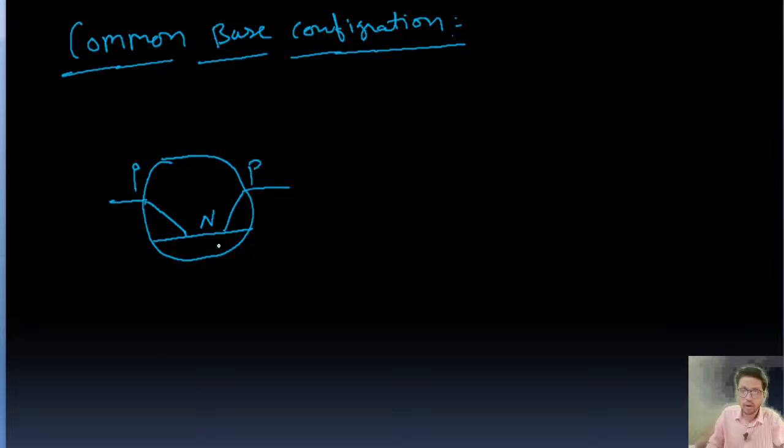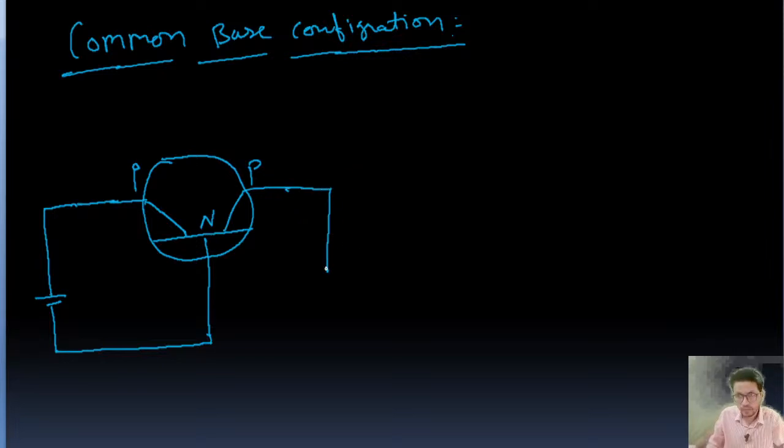And common base means the base will be common, right? So this is P and P. This is the emitter, this is the base, and this is the collector.